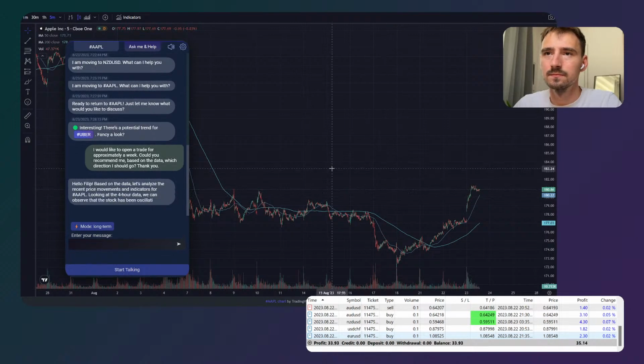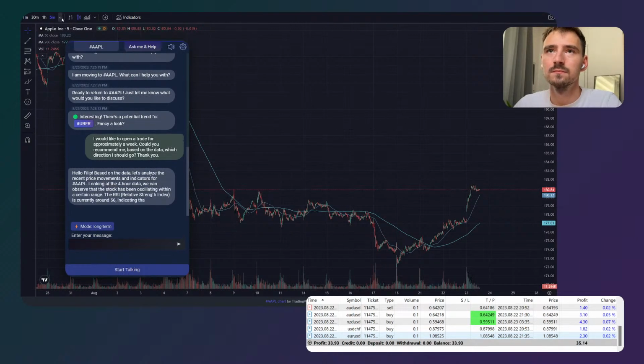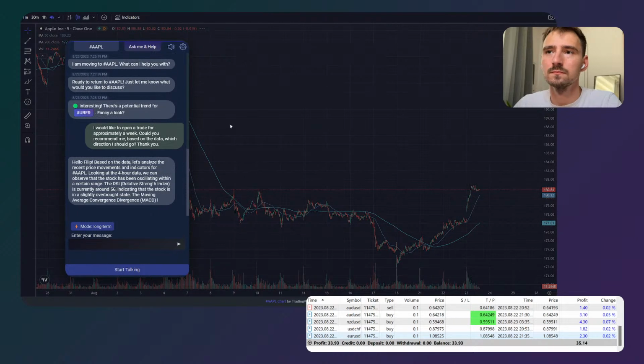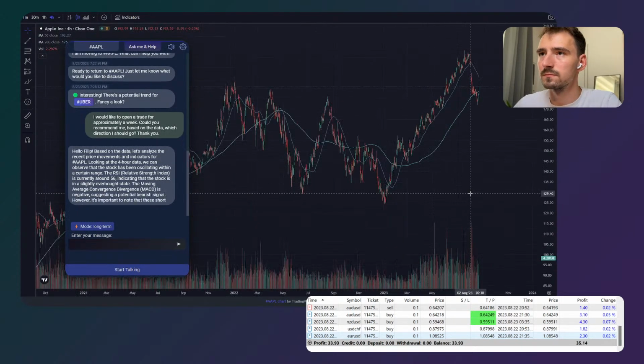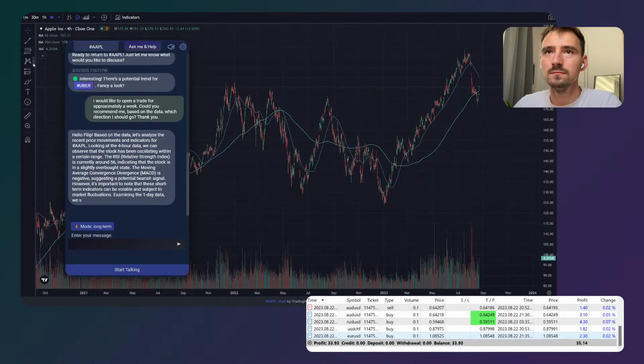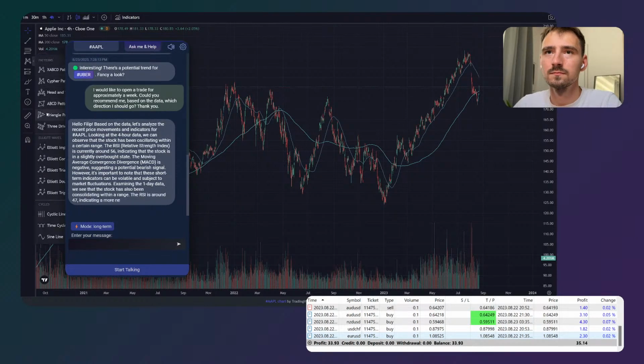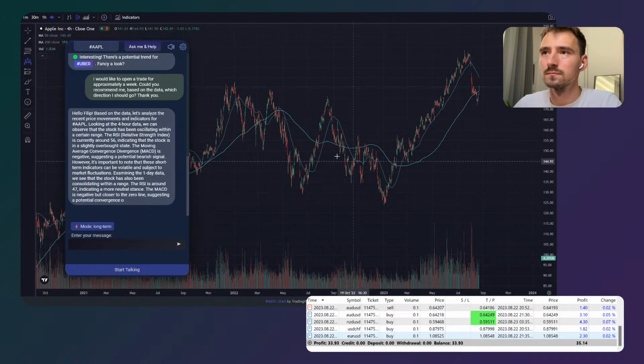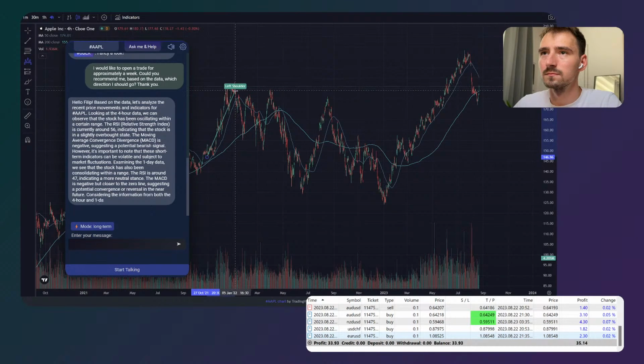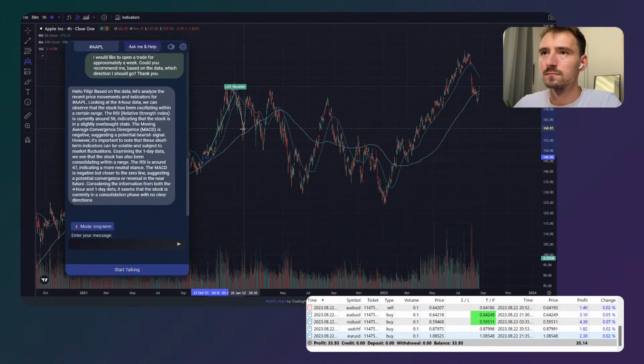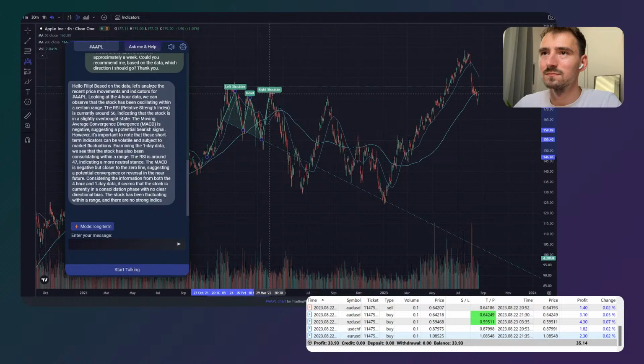Hello, Philip. Based on the data, let's analyze the recent price movements and indicators for #AAPL. Looking at the 4-hour data, we can observe that the stock has been oscillating within a certain range. The RSI, Relative Strength Index, is currently around 56, indicating that the stock is in a slightly overbought state.